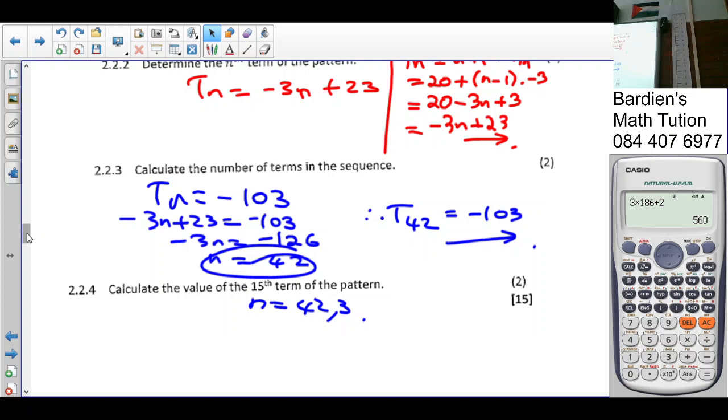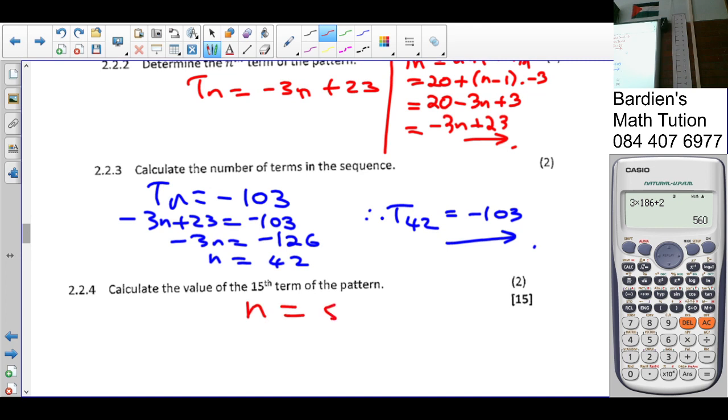Okay, now, say for argument's sake, we already have a 42nd term, which we do have. What if we didn't have this? And we got n to be equal to 50,4. If n came to be 50,4, what then?